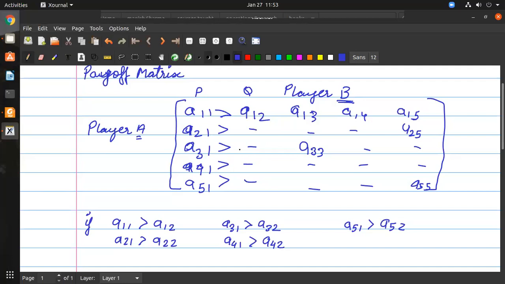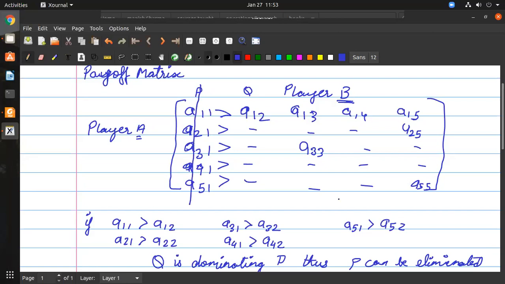Correct? Is it understood, students? This means that Q is dominating P. Thus, P can be eliminated. So we can delete this column.